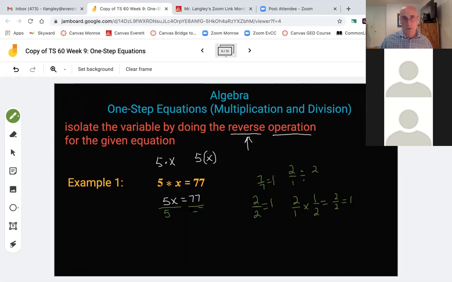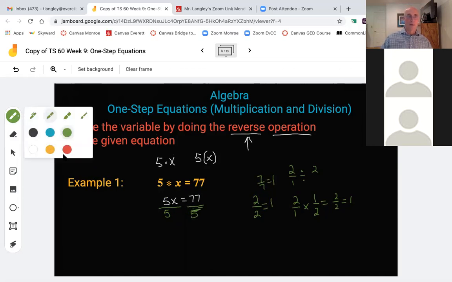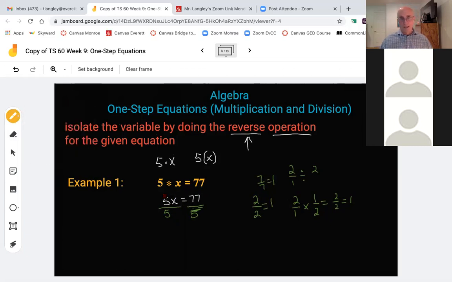Whoops, I just wrote a minus. I'll just make this into a funny looking 5 here. That's a 5. So I'm dividing this side by 5. Did the same thing. Now here's what that does. That cancels out the 5, and really what it becomes is 1x in a sense, or just x.